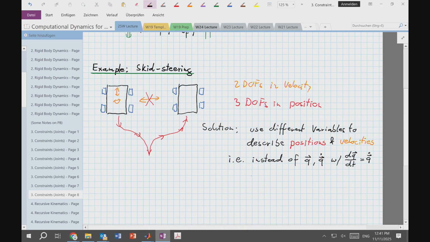What we will do for non-holonomic constraints is that we now use different variables. So we use q for positions, and we give q dot a different name, and we call it u.